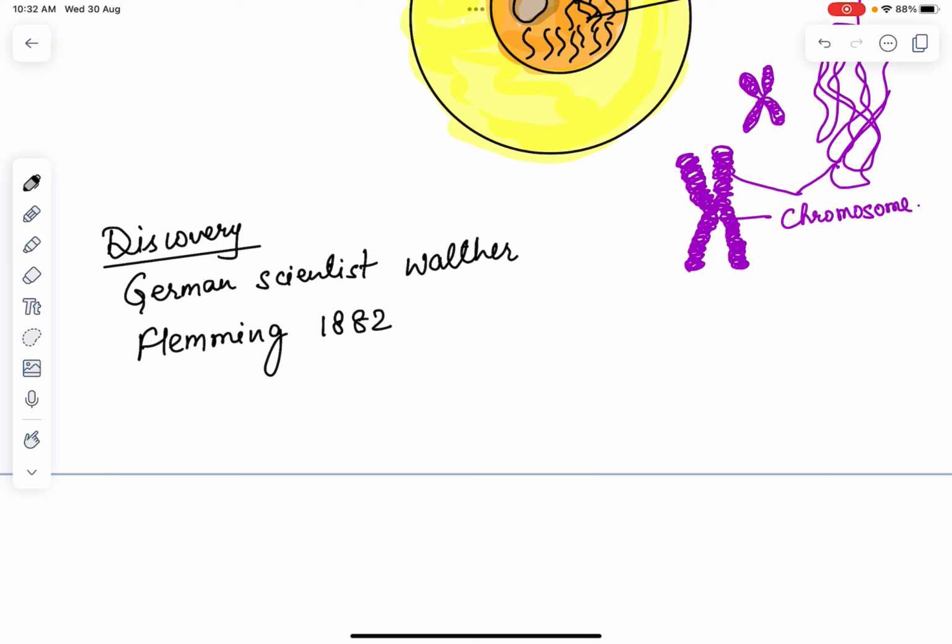He noticed a rapidly dividing cell of the larva of a salamander. Salamander is an amphibian. When he observed that under the microscope, he saw minute threads appearing to be dividing lengthwise. Fleming called their division mitosis, literally meaning thread.